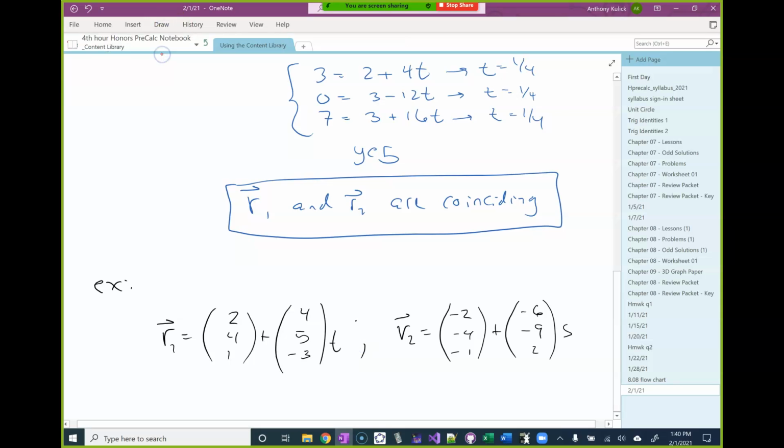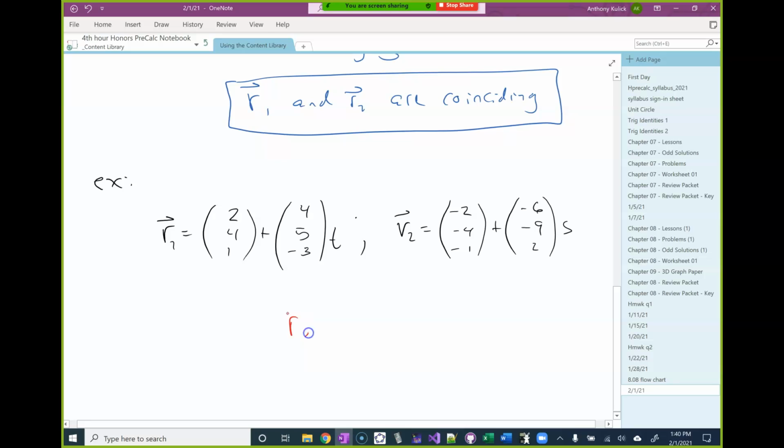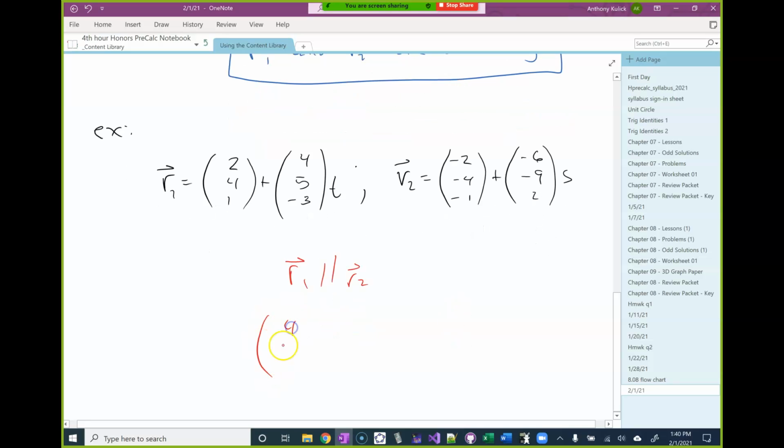So we're going to start the same way. We're going to check to see if R1 is parallel to R2. So I'm going to take that slope component from R1 and see if it's equal to that direction vector from R2.